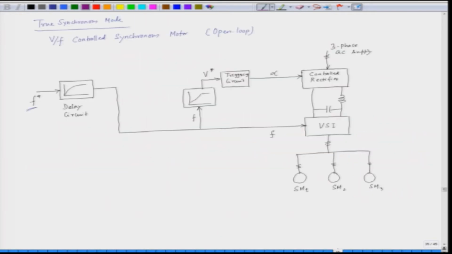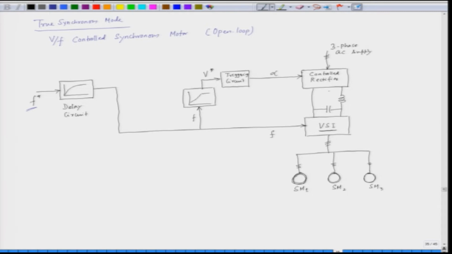Now, we discussed in the last lecture the true synchronous mode drive. So, we have the synchronous motors 1, 2, 3 here. We have so many motors connected in parallel. They are fed from a voltage source inverter, and this voltage source inverter is fed from a controlled rectifier.